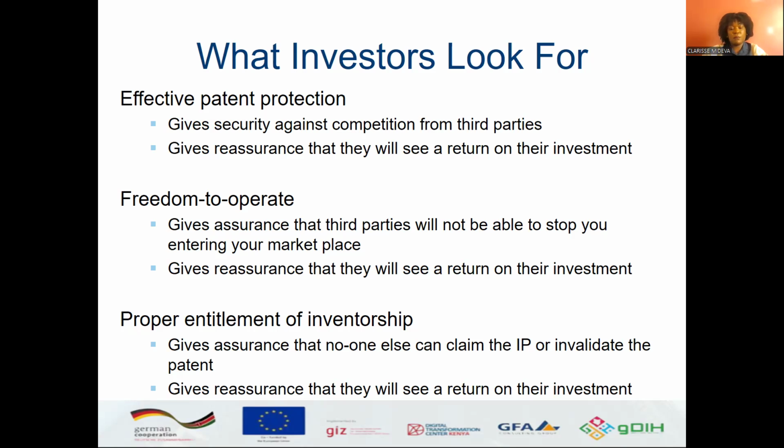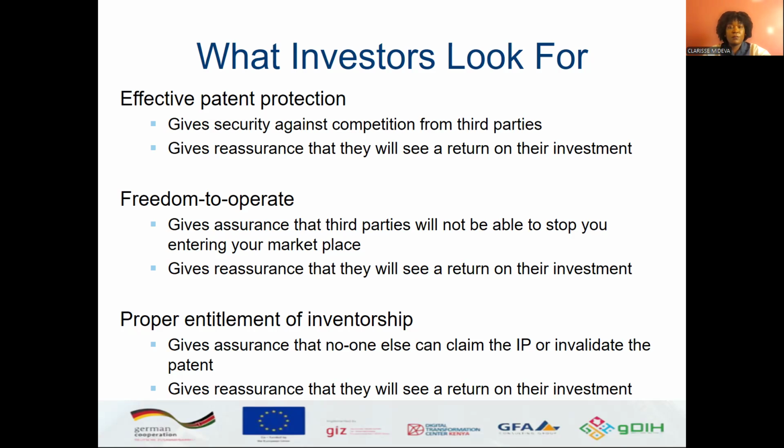There is this freedom to operate, where you give assurance that third parties will not be able to stop you from entering your marketplace. In other words, once you have patent protection, it simply means that in the particular country where you have sought protection, it is giving you a right.